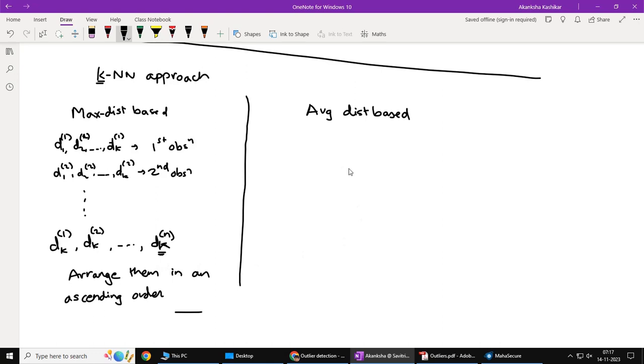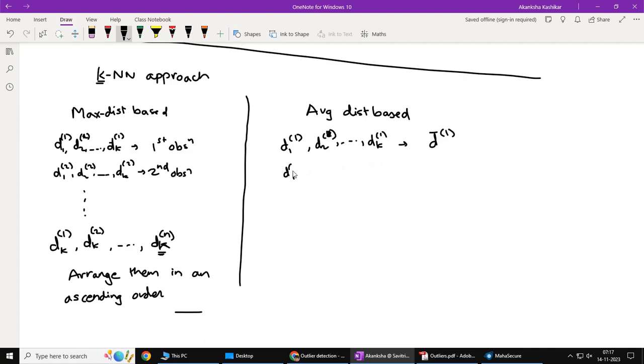Then we have average distance based approach. So where we again compute same thing. So we compute distances of the k nearest neighbors, d11, d21, dk1, but then we take average of these distances. So d bar 1.